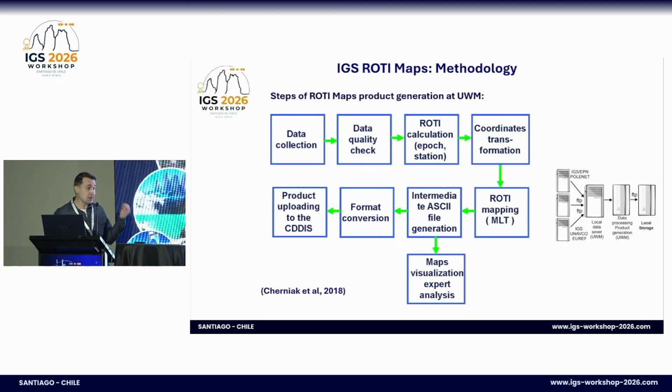For generation of this product, we have several steps, and this is operated at UWM SRC. These procedures include data collection, quality check, calculation of indices, transformation of coordinates, generation of the product and validation of results.